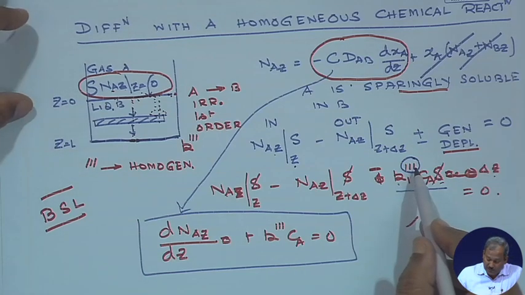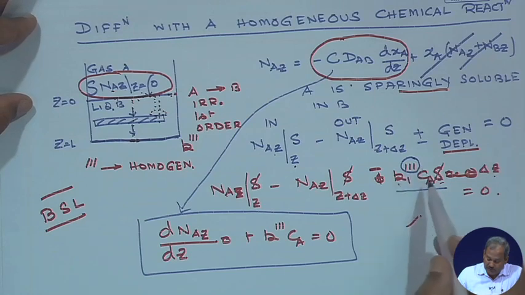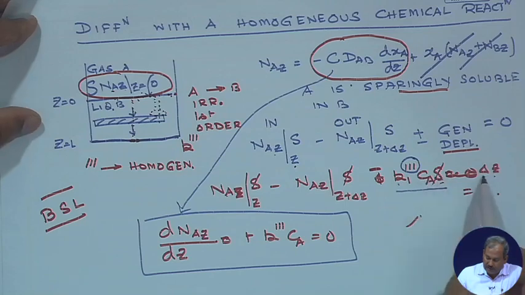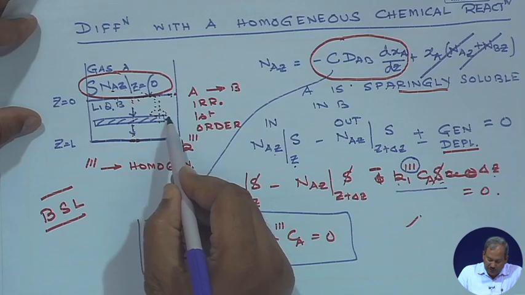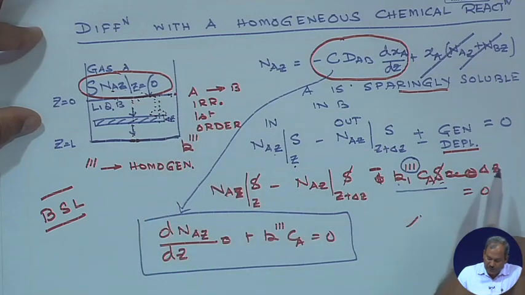Since it is first order, it is going to be K 1 triple prime C A times S, the cross sectional area, and delta Z, where the thickness of the assumed shell is delta Z.